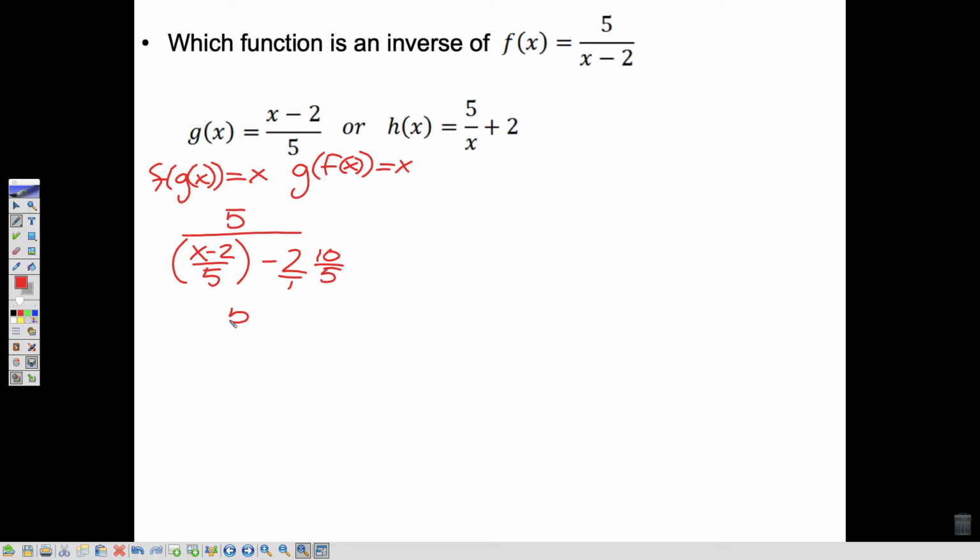So I have 5 over x minus 10, which is x minus 12 all over 5. I divide in fractions. You notice this bar is bigger than this bar, so I know where is the numerator, where is the denominator. I'm multiplying by the reciprocal of the denominator, so I have 5 times 5 over x minus 12.